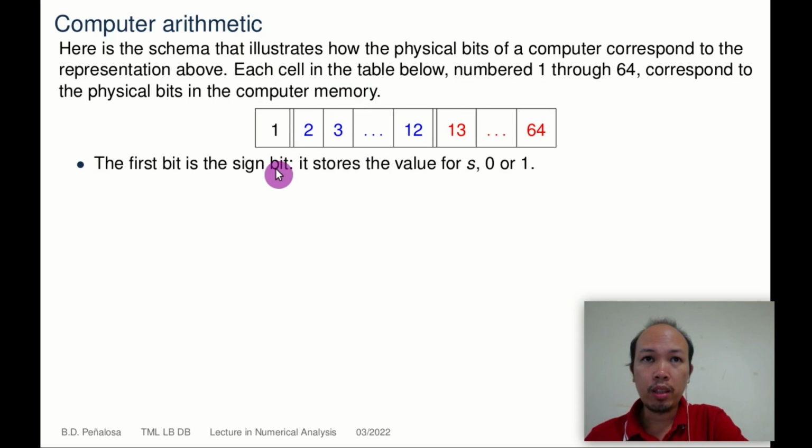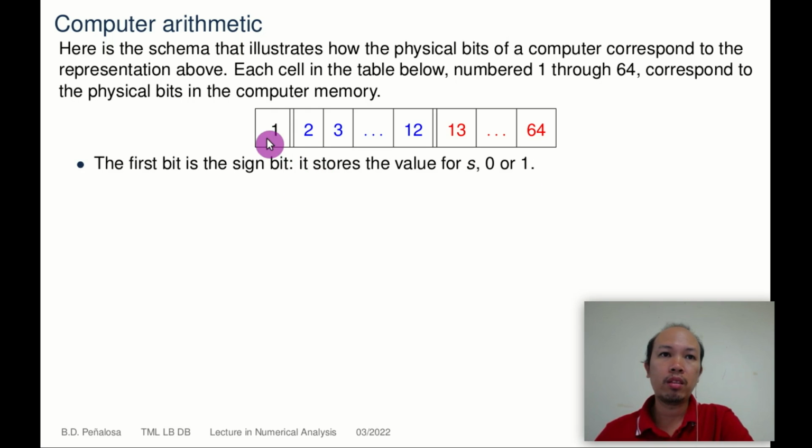Box number 1 is the sign bit, and it takes two values, 0 and 1. As I've said before, 0 represents a positive number and 1 represents a negative number.